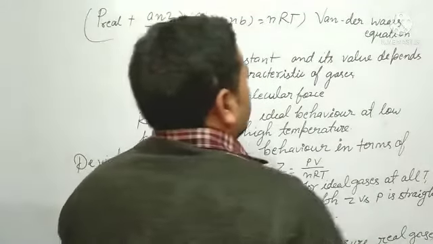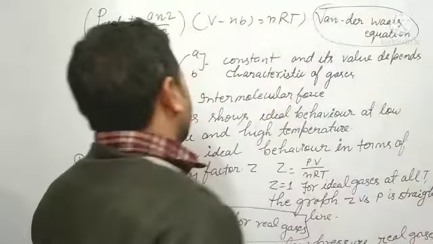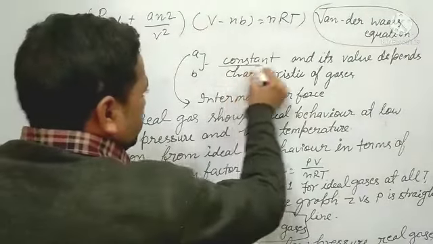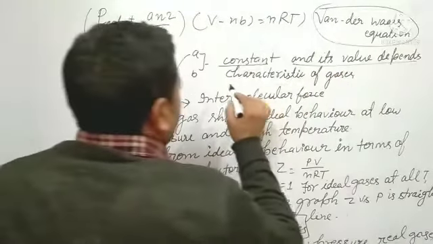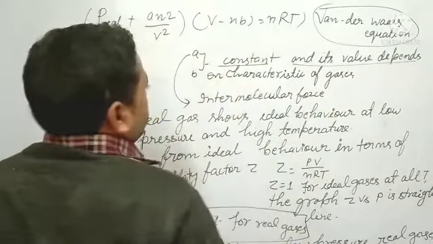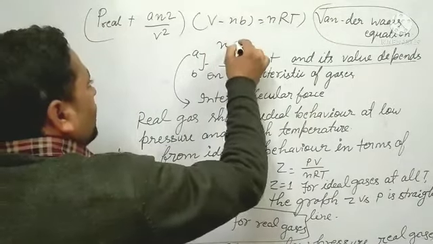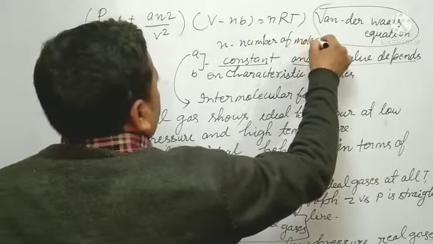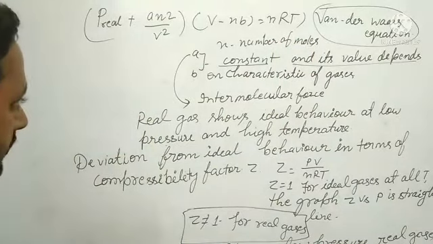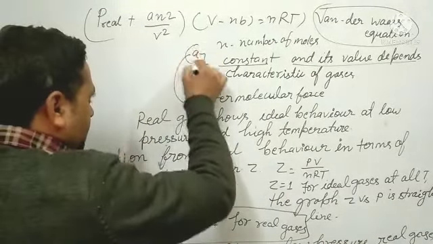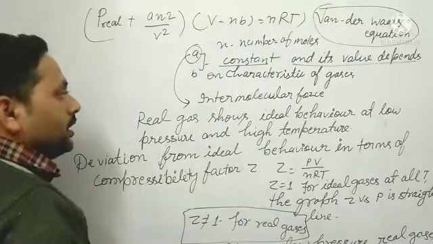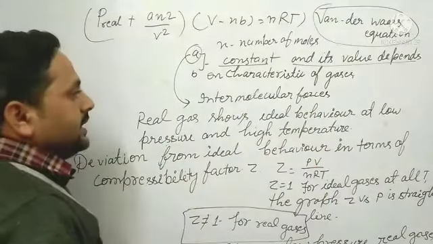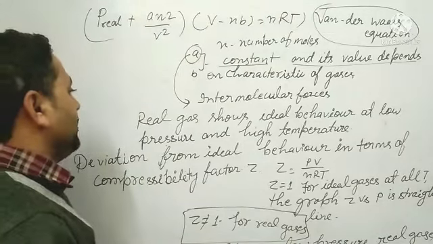This is known as the van der Waals equation, where a and b are constants whose values depend on the characteristics of gases, n is the number of moles, and a shows intermolecular forces between the particles and is independent of temperature and pressure.